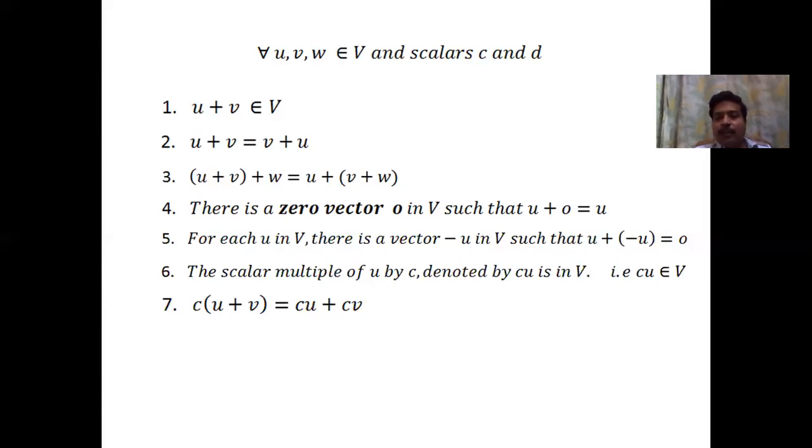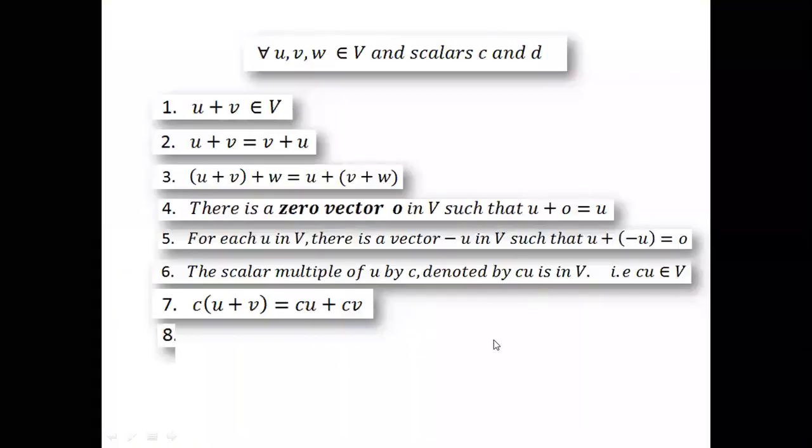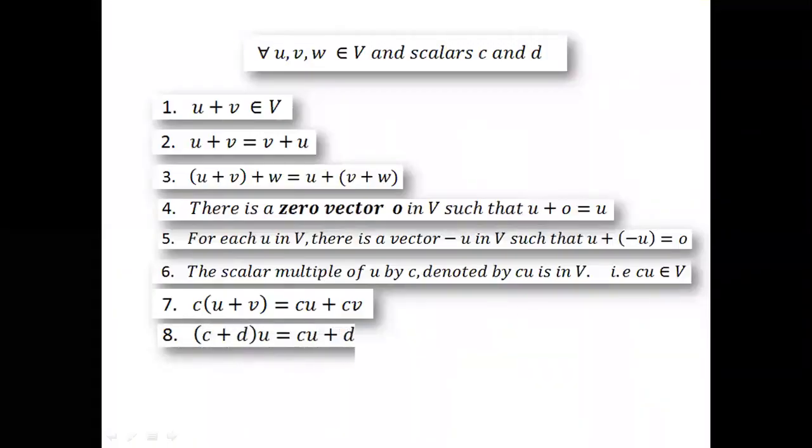This need not be told in all the sets. So, for a vector space, the eighth property is (C + D)u = Cu + Du, where C and D are scalars and u is a vector.